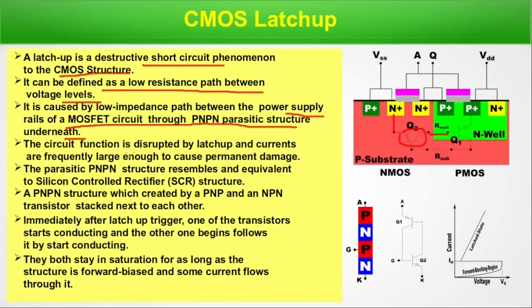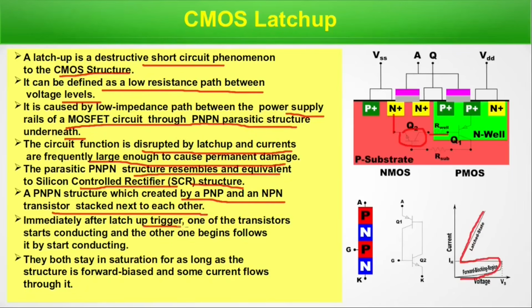The circuit function is disrupted by latch-up and currents are frequently large enough to cause permanent damage. The parasitic PNPN structure is equivalent to a silicon controlled rectifier structure. And we know in a silicon controlled rectifier, or SCR, a sudden huge current flows. This is the IV characteristic of SCR. So a PNPN structure is created by a PNP and an NPN transistor stacked next to each other.